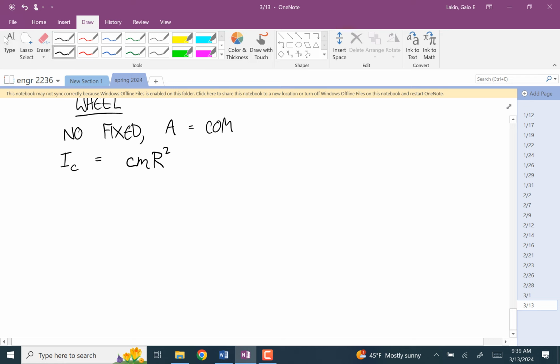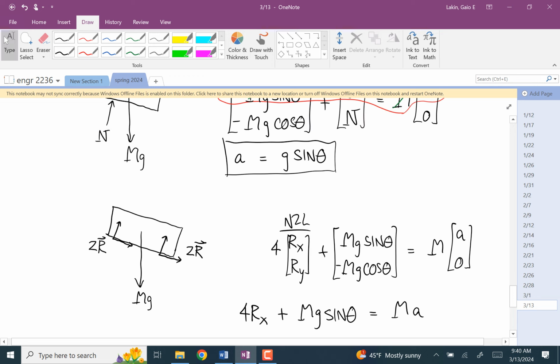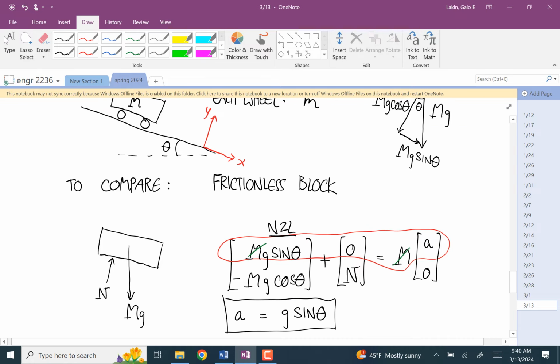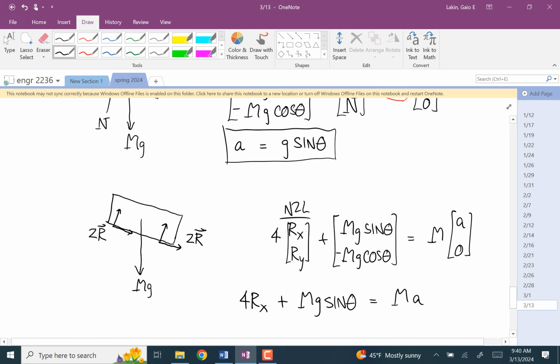And now let's do the free body diagram. There's a weight force down of little mg. There is negative R, because of Newton's third law. This R, this reaction, where did I draw that? For each one of these wheels, that R is the force that's applied to the body by the wheel.